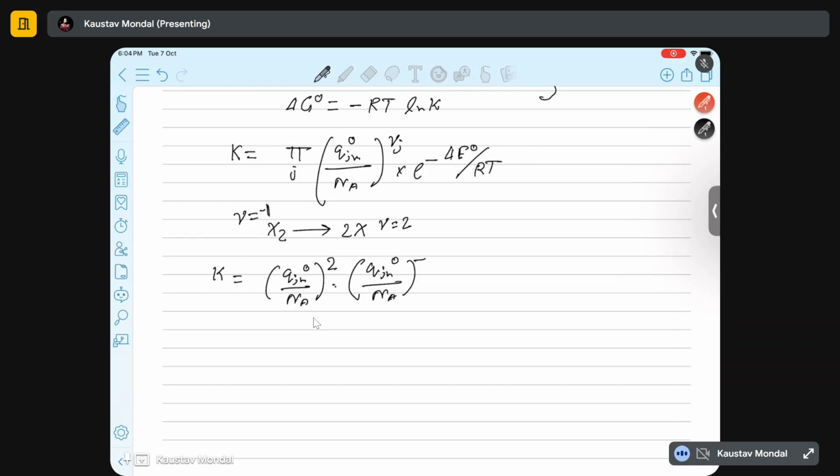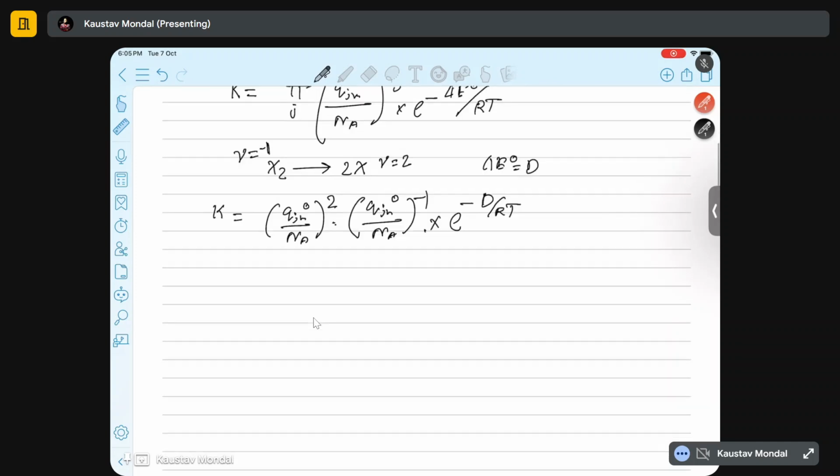and the second, QjM0 by Na, is to the power minus 1, into e to the power minus the energy required to break this bond, the X2 molecule bond, into 2 X atoms. That dissociation energy is considered as the change in energy, so we write delta E0 as D. So this is D by RT.